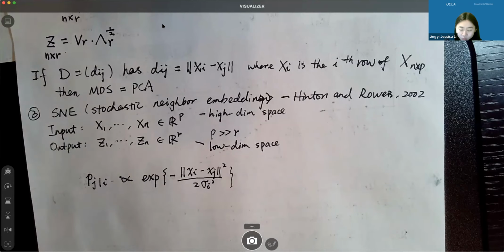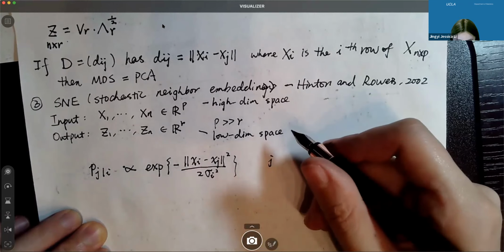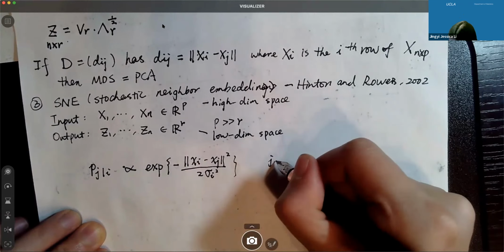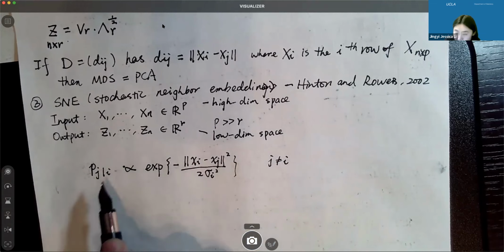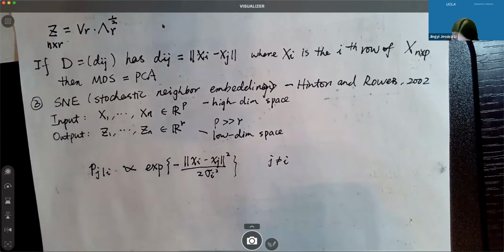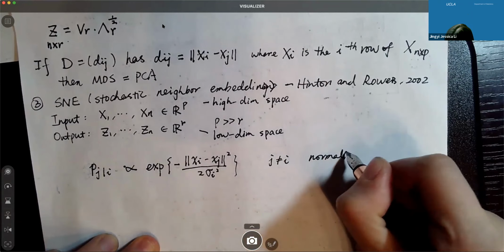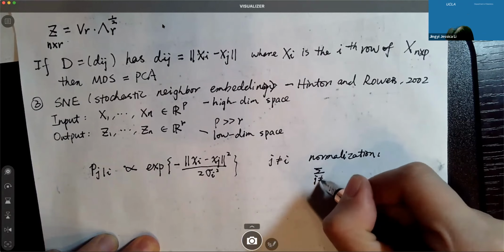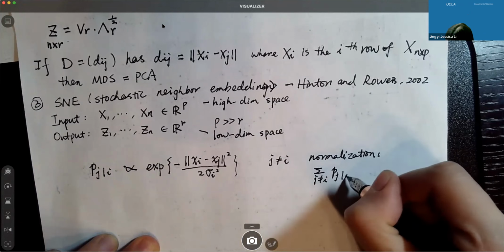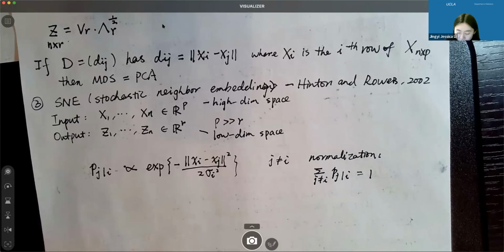And this is for j not equal to i. So what they want is, for all the j not equal to i, this probability to be normalized. So the normalization they want is that the sum over j not equal to i of p, j given i is equal to 1. And they also exclude this point i.